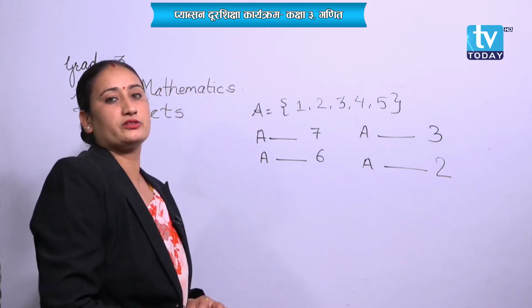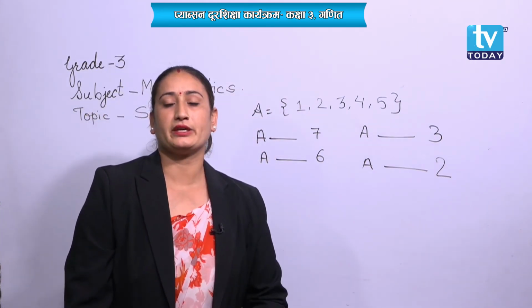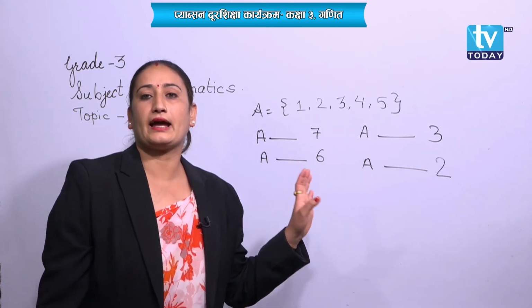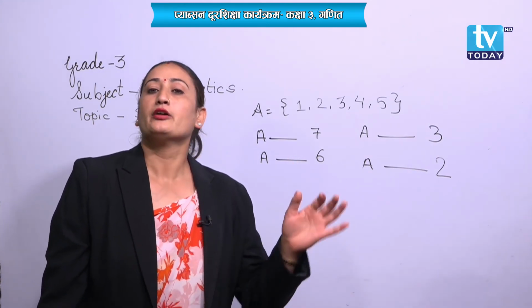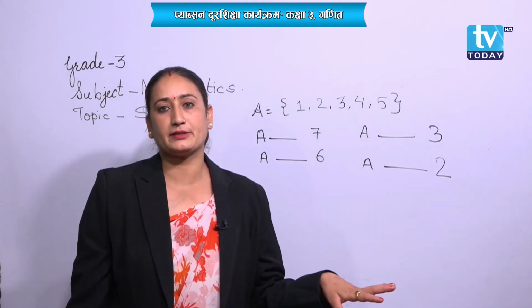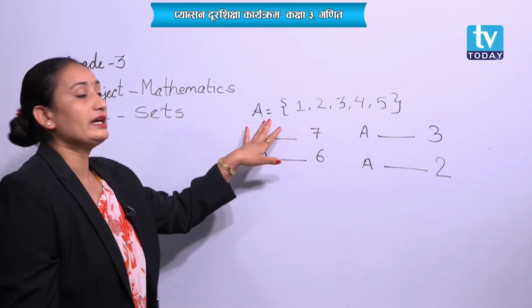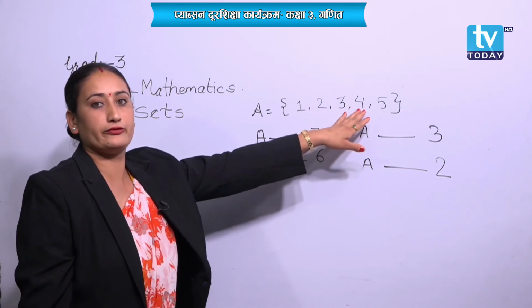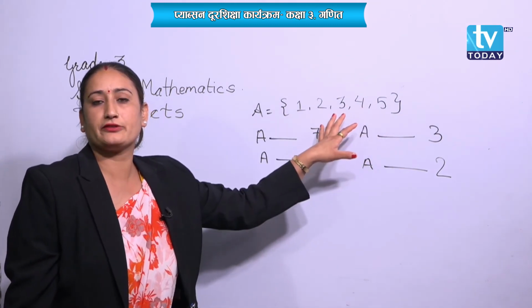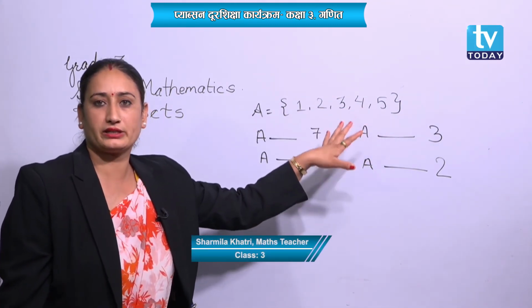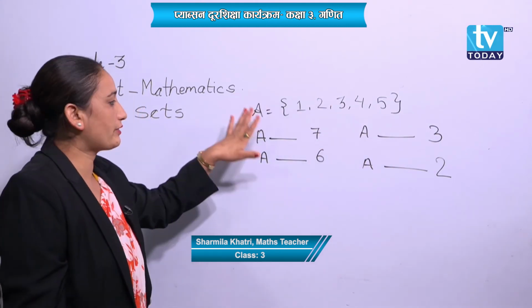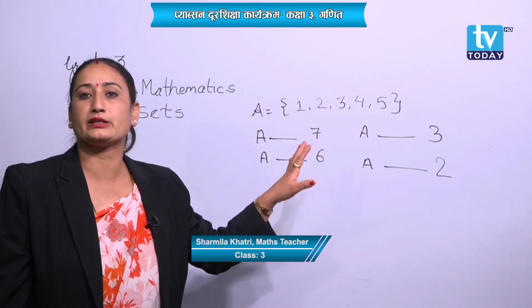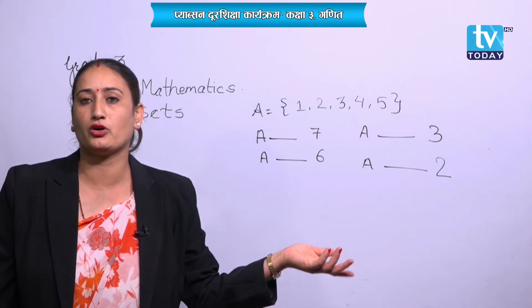Okay, now students, you need to tell me which sign I have to use over here: belong to or doesn't belong to. This is the question. A is the set of 1, 2, 3, 4, 5. The question is given in the form of the listing method. So, you have to write whether it belongs to or doesn't belong to that group.